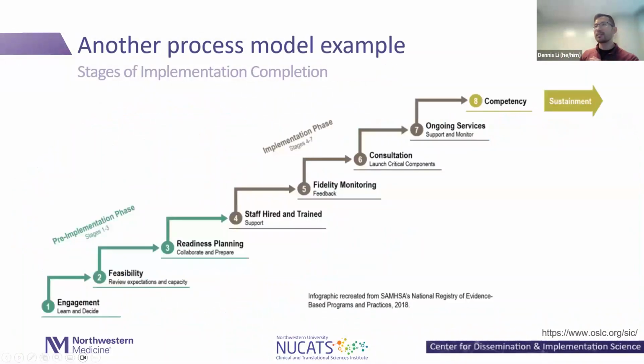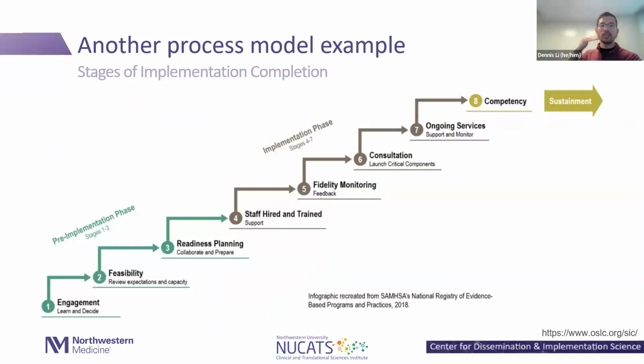Just to give you a quick example of another process model that's fairly popular in the literature, this one's called the stages of implementation completion. If you line it up with EPIS, you'll see that it is very similar. You have a pre-implementation phase, which covers both exploration and preparation in EPIS, and then you have an implementation phase, and then you have sustainment. But this model breaks it down into more fine-grained pieces.